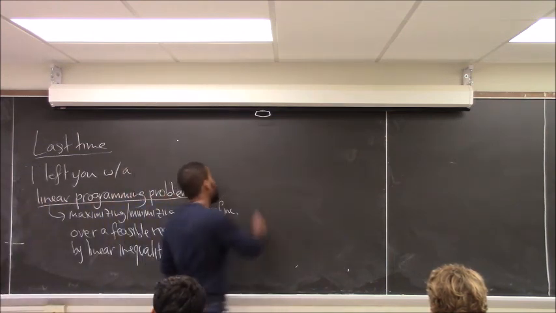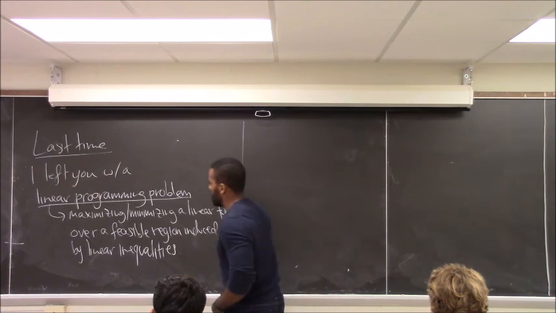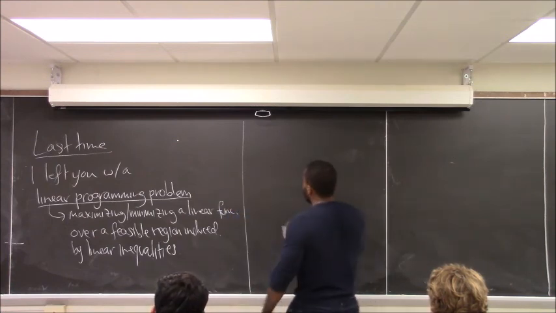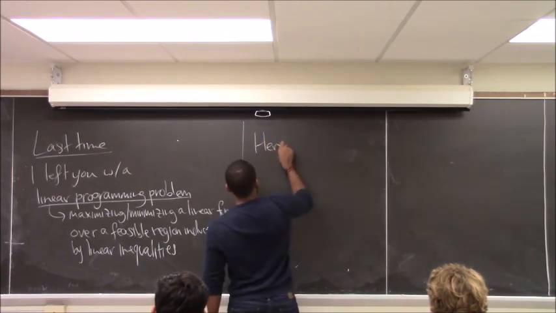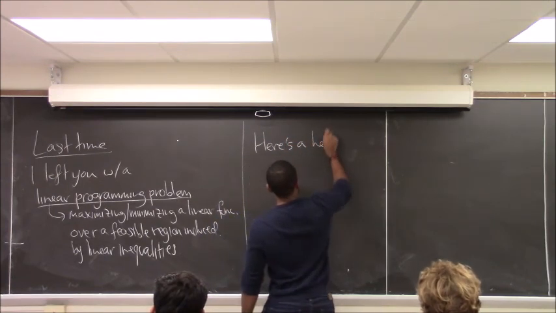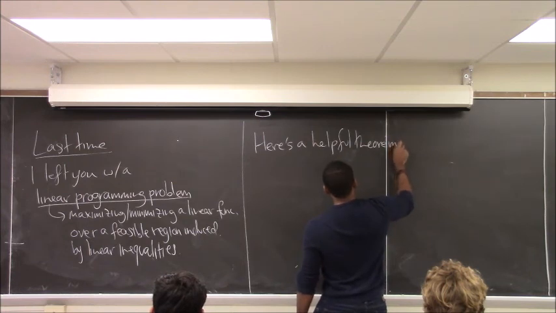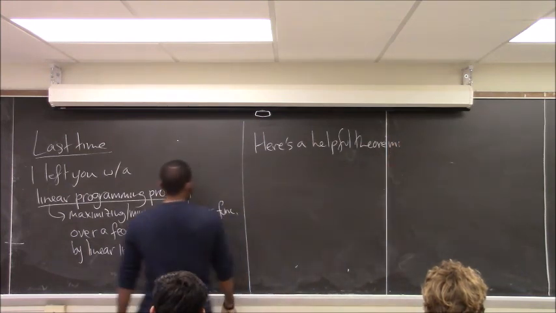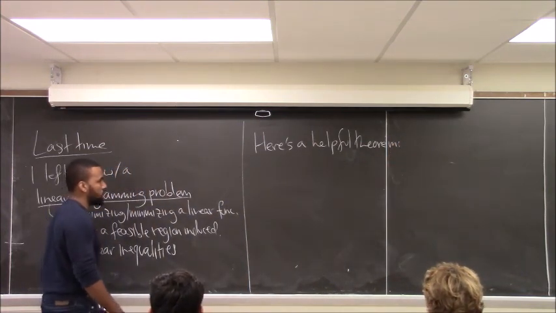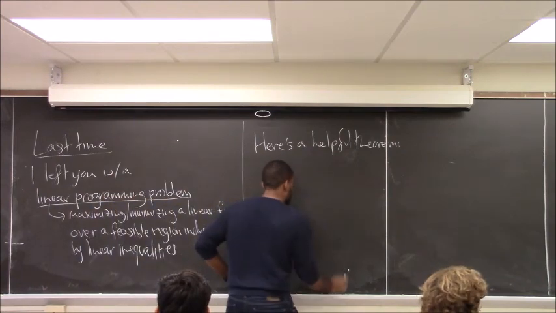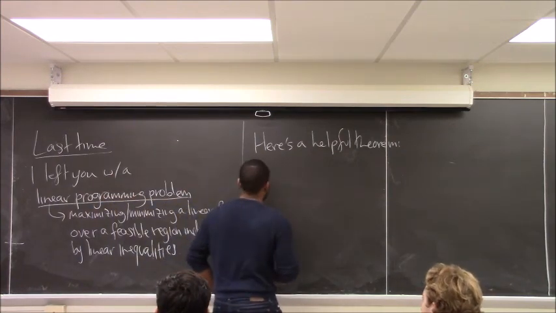So I asked you to maximize a certain function. But before we get to that, here's a theorem that might help you out, which I'm not going to prove, but I'm going to use an example to suggest to you why it would be true. It says the following.